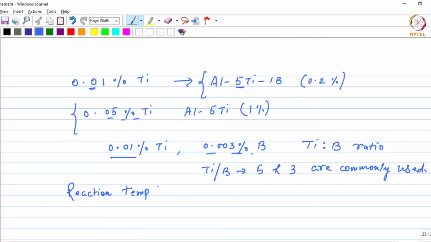Okay, so that time has to be allowed, and at what temperature you are performing all this, that would also affect. Okay, so the reaction temperature and time have to be considered for this grain refinement. And then you also have to look at what is the cooling rate.